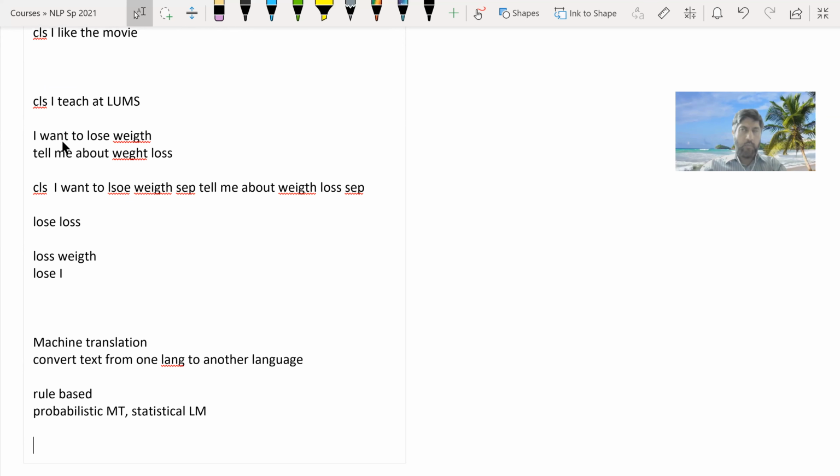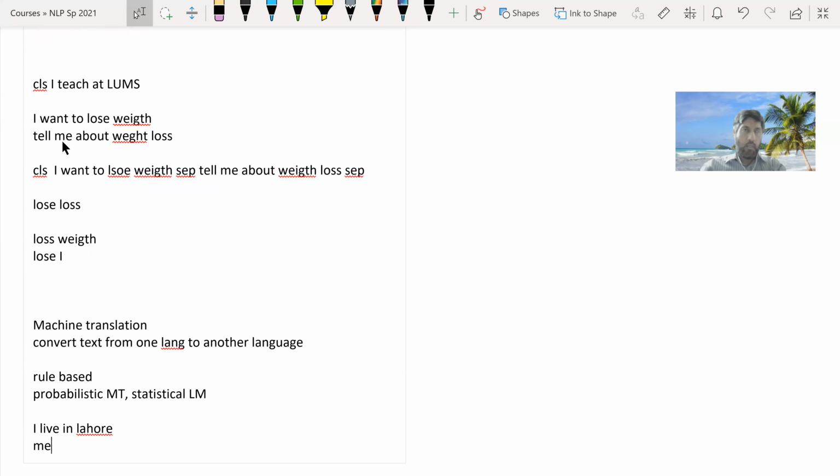So whenever you want to learn a machine translation model, you need to have parallel corpora, meaning that you need to have a sentence in one language and the same sentence in the second language. So, I live in Lahore, and then the same sentence in Hindi. We will have pairs like this in our training data set.